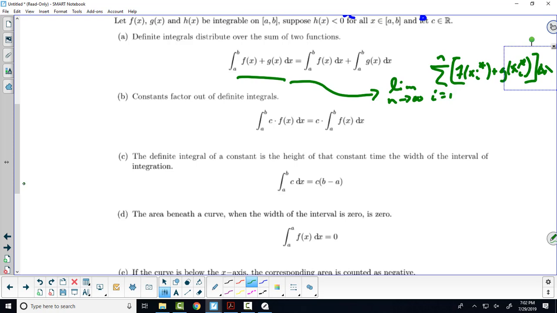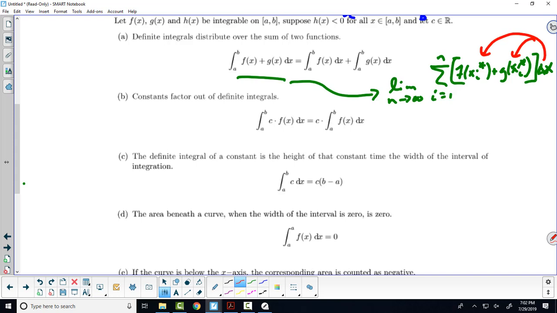But what could I do with this delta x? Based on just the basic real number properties, delta x is a number that stands for a width. And I could distribute it over a sum by my distributive property. And then what can I do?